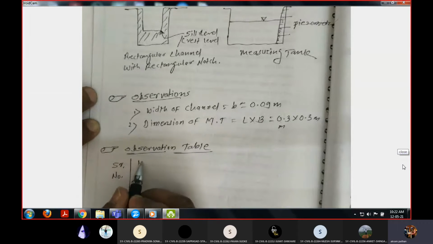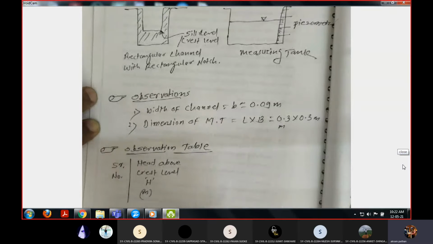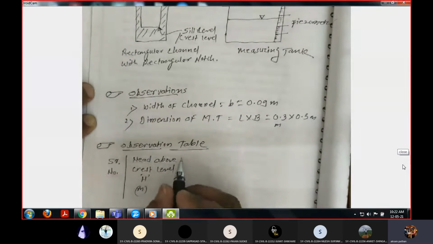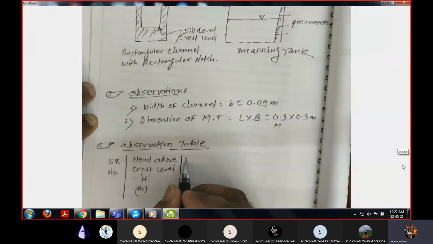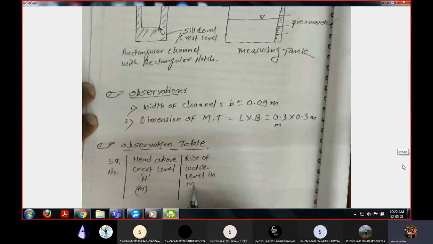The second column is the head above the crest level or the sill level, that is capital H in meter. Then the third column is the rise of water level in the measuring tank, that is small h in meter.